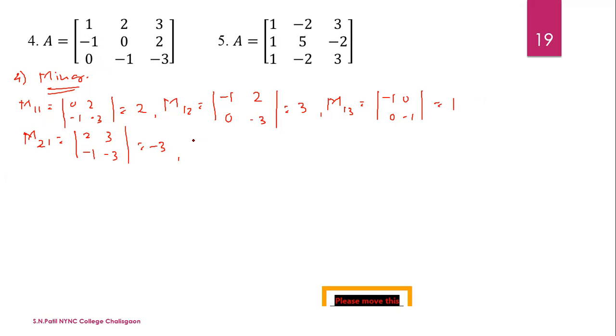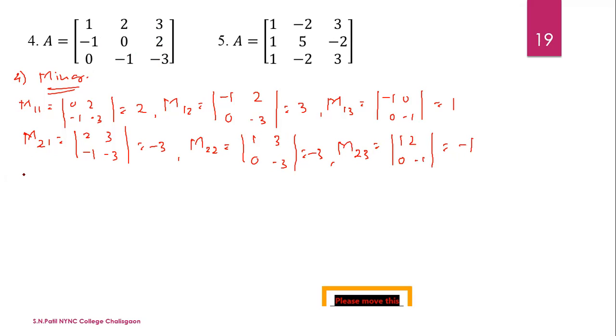Now next, M22, deleting row and column, that is 1, 3, 0, minus 3. So we get minus 3, and this product is 0. Now next, M23, deleting row and column, that is 1, 2, 0, minus 1, that is minus 1.